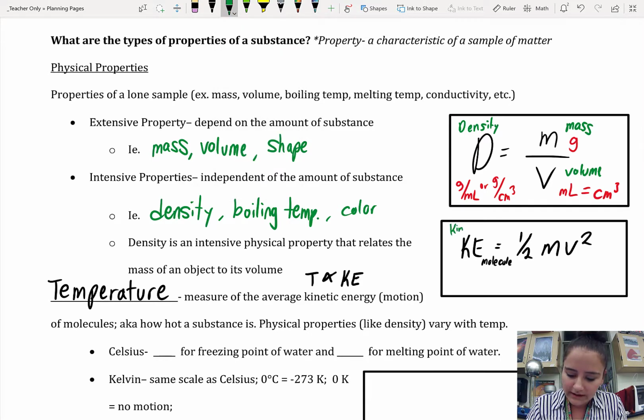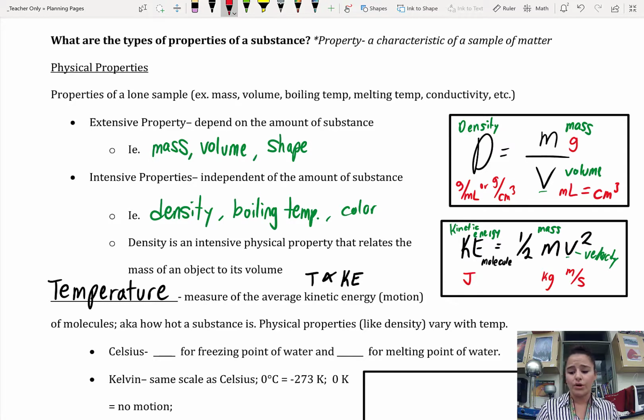So we have kinetic energy, 1/2, this is our mass, and then v squared is the velocity of the particles. So note that it is a lowercase v here and an uppercase v in our density. So lowercase v is for velocity, uppercase V is going to be for volume. Now, the typical units of that would be joules for energy, kilograms for mass, and then meters per second for velocity. Okay?